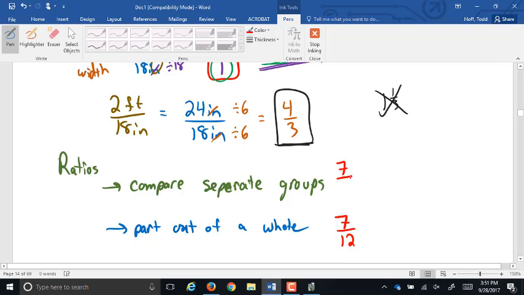Up here, though, it was 7 students in New Richmond compared to 5 in Rice Lake. So this was 7 to 5. They're completely separate things. They're not part of the other. This is 7 out of 12. So what that's implying is the 7 that we have listed here is also part of the 12.